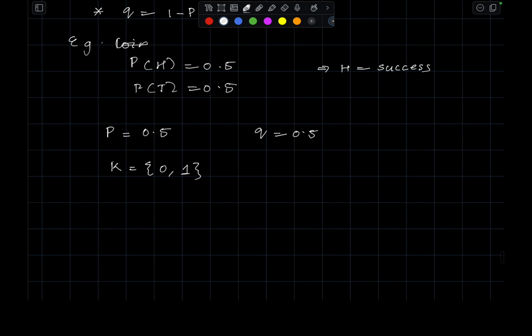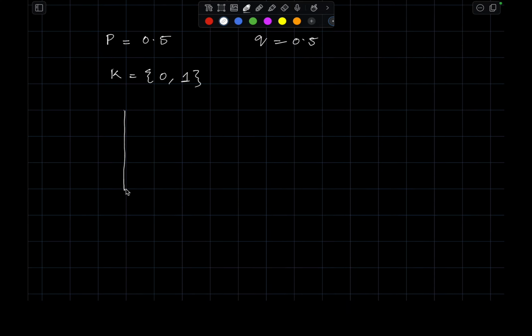So here, if we draw the PMF, we will have K, 0 and 1. PMF will be like this, 0.5. It will be like this for a fair coin.